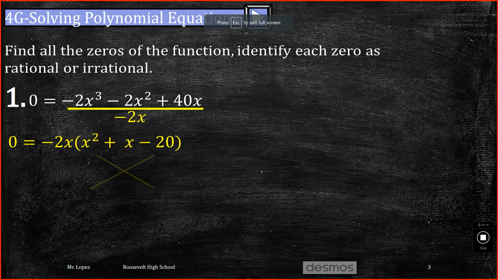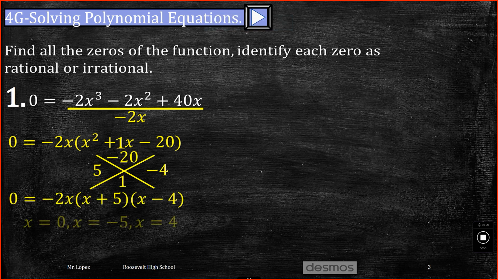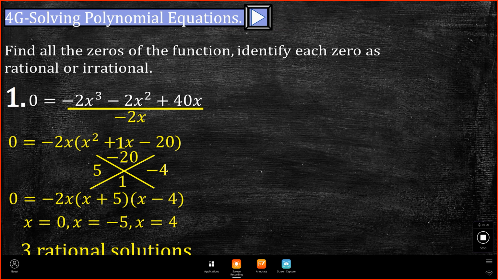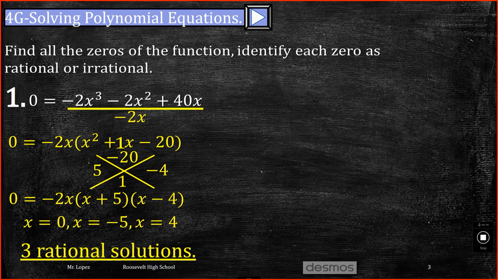Okay. It's asking about rational or irrational. These are rational solutions right here. I'll tell you in a minute what is irrational, but these are three rational solutions.